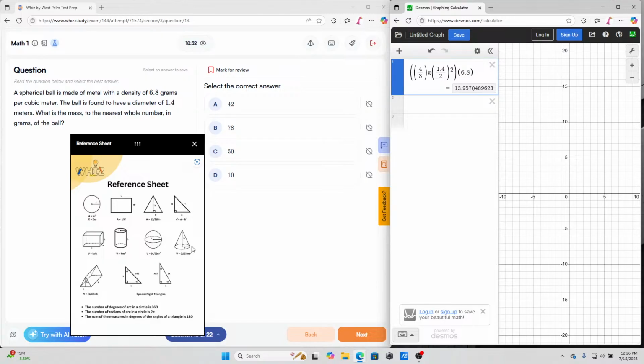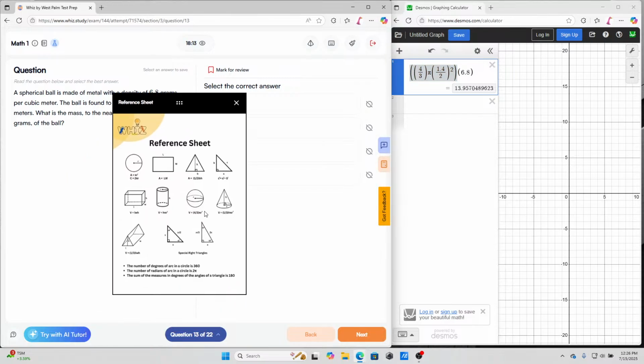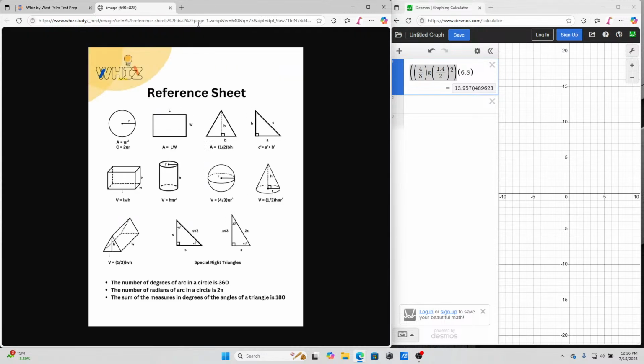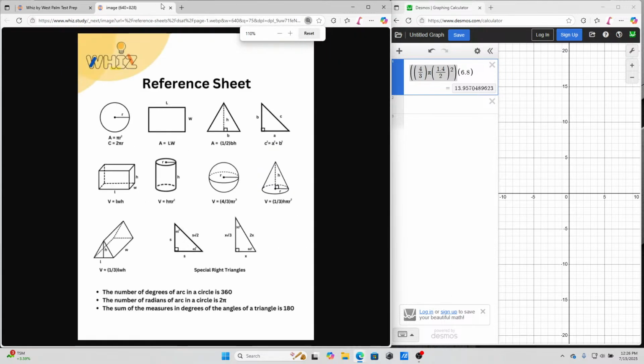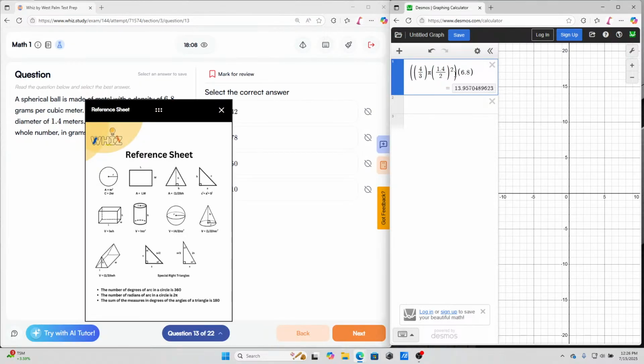Oh, per cubic meter. Yeah, per cubic meter. So this is in cubic meters, right here. Wait, is that a square or a third? It's probably a third, isn't it? Let's see. Yeah, it's a third. Okay, so it's 10 then.